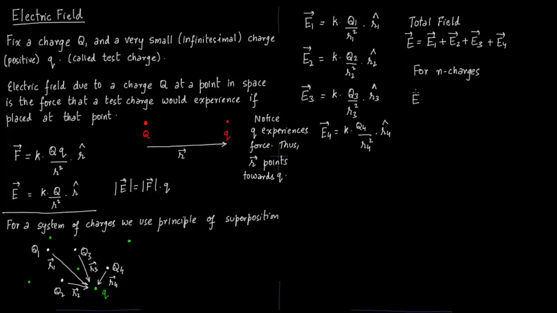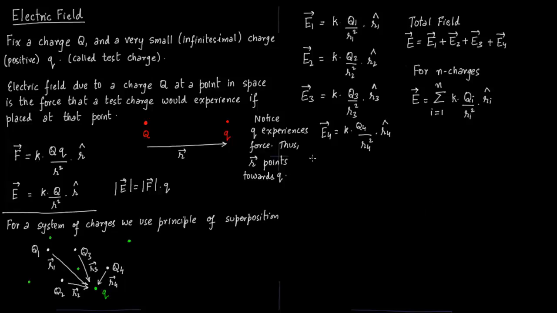And then the total field would be the sum of the individual fields. So the total field E vector would be the sum from i equals 1 to n of the individual fields, and the individual fields will be k times capital Qi divided by Ri square times the associated unit vector.